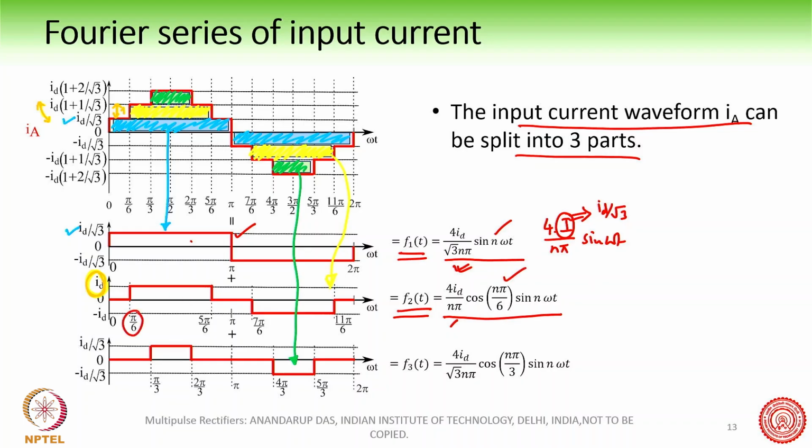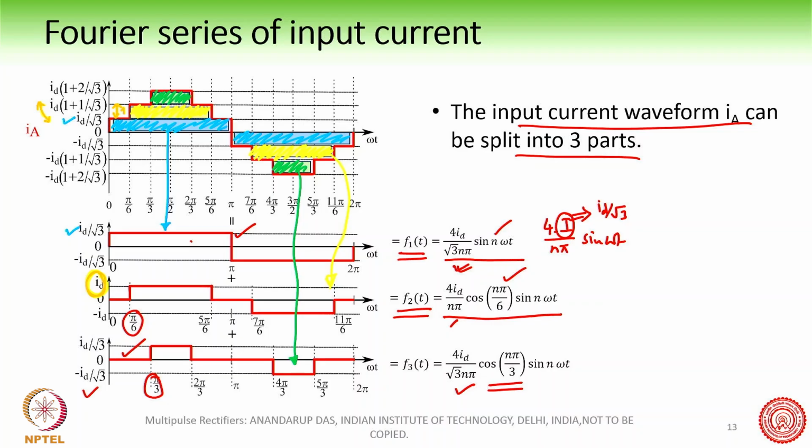Here, cos n pi by 6 is coming because the break, or the discontinuity, in this waveform occurs at pi by 6. Similarly, this is another quasi-square waveform and the break happens at pi by 3. So therefore 4Id by root 3 n pi like this, and then cos n pi by 3 here. This you can just verify.